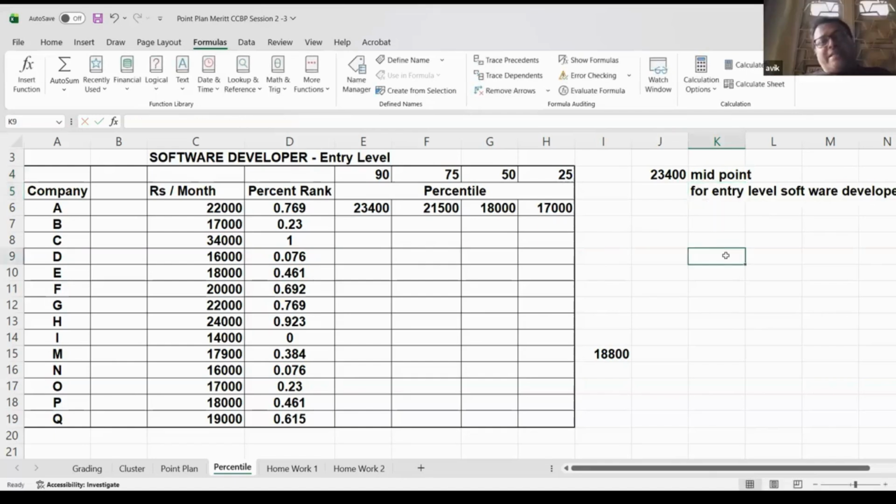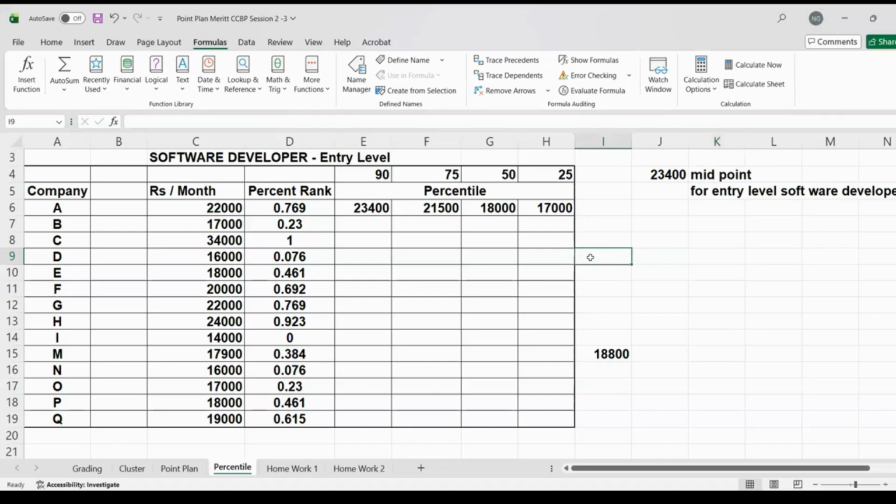But shouldn't it be 18,000? Because 18,000 is the 50th percentile. Interesting. Anybody else have the same query? Sadish, you also? Ma'am, I have the same query, but what I understood, can I share with you? It means the company standard has to pay the 90th for the entry level.